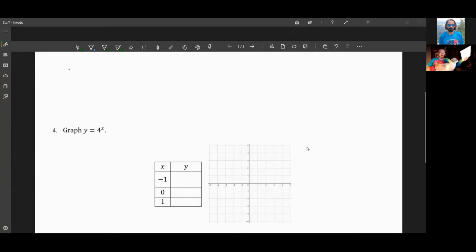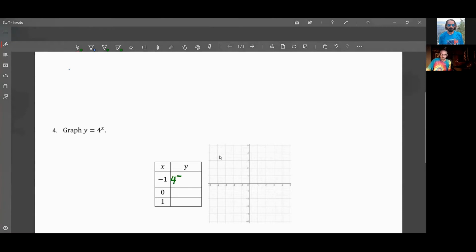If nothing is being done to the exponent, then we can put in some typical values of x: -1, 0, and 1. The reason why we're choosing -1, 0, and 1 is that 4 to the -1 gives you the reciprocal of 4, 1/4. 4 to the 0 is 1, and 4 to the 1 is 4.